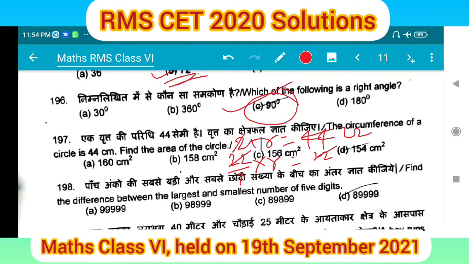So r is equal to 7. Find the area of the circle. So r is equal to 7. Area means pi r squared. So 22 by 7 into r squared means 7 into 7. This 7 gets cancelled. 7 twos are 14, 7 sevens are 49, 154. This is the answer.